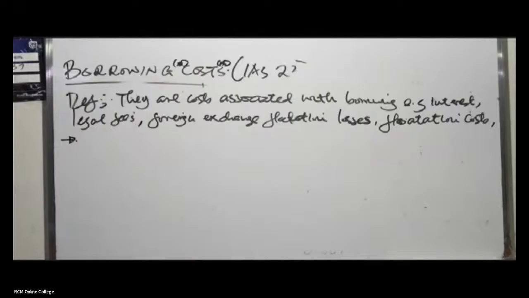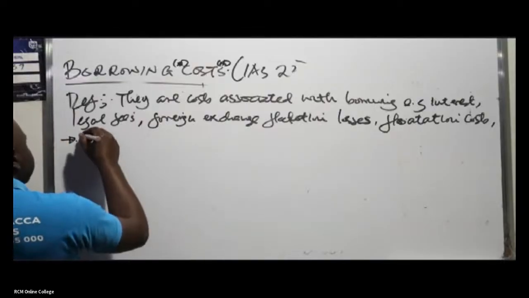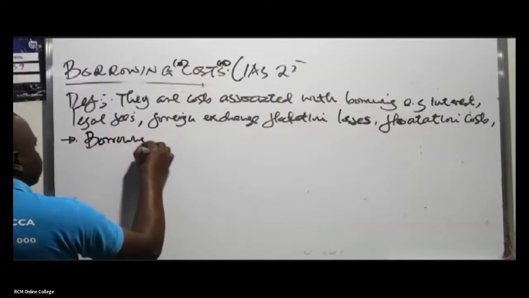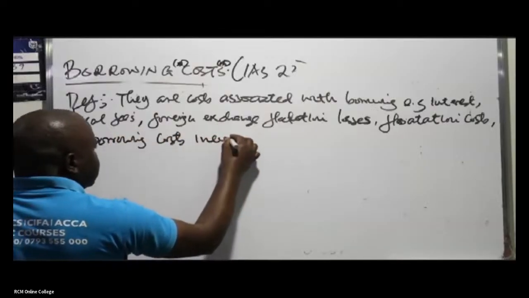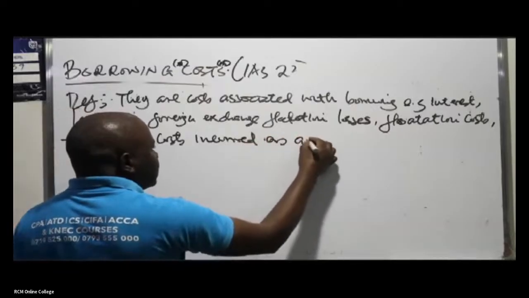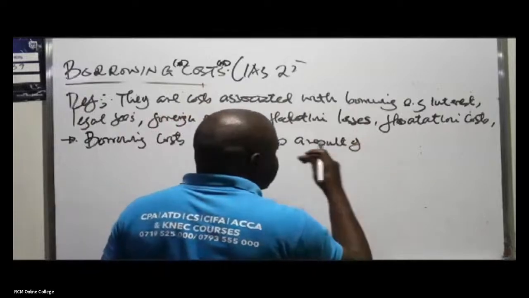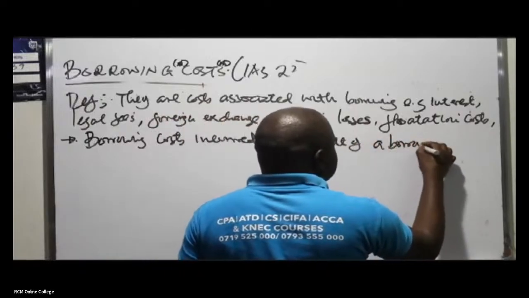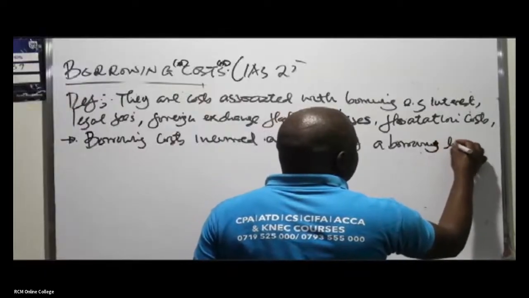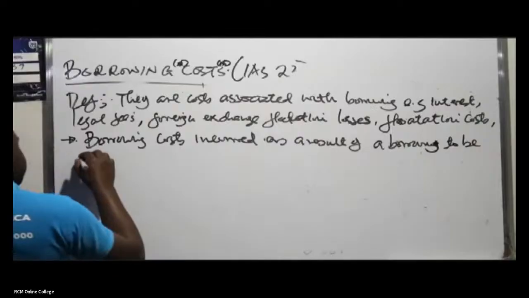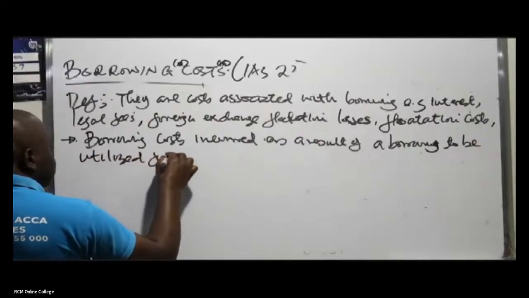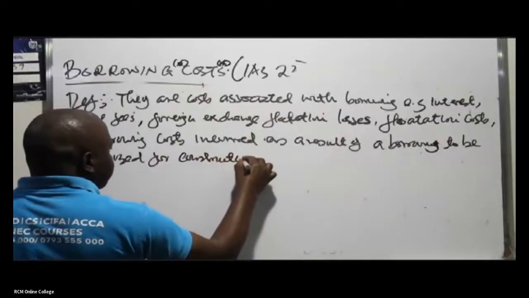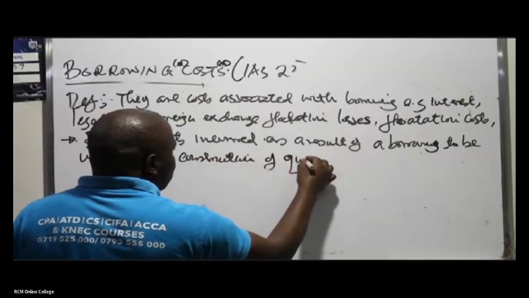After writing that, you can write another statement: borrowing costs incurred as a result of a borrowing to be utilized for construction of qualifying assets.